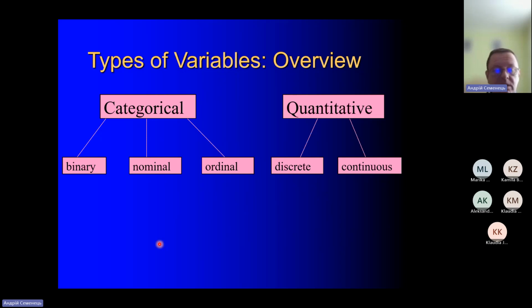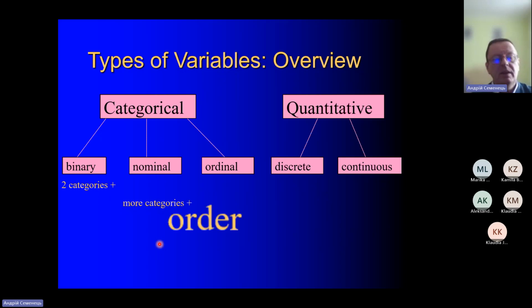And the categorical we consider mostly non-numerical things, which could again be split into three categories: binary, nominal, ordinal. And on quantitative we usually consider only two subcategories, discrete and continuous variables.